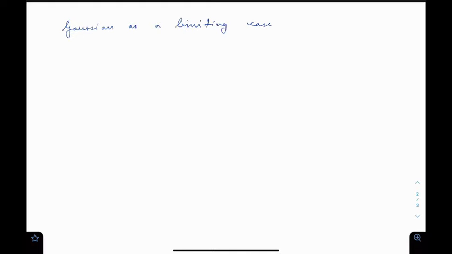And we can state the following relations among the various distributions we have discussed so far. So let's say the multinomial, and we have the binomial, we have the Poisson, and we have the Gaussian.